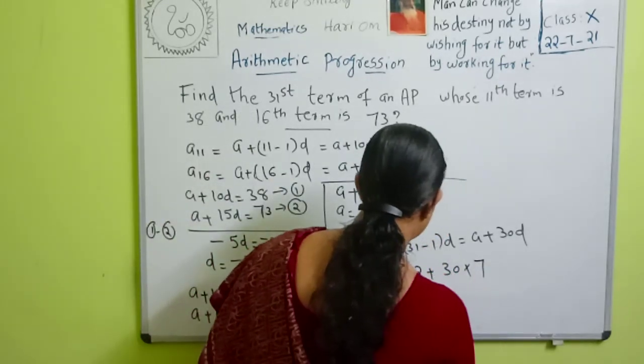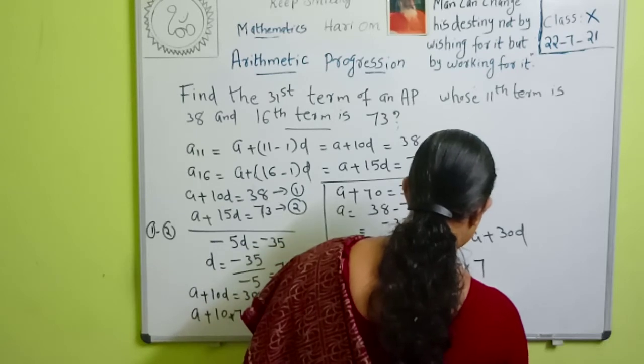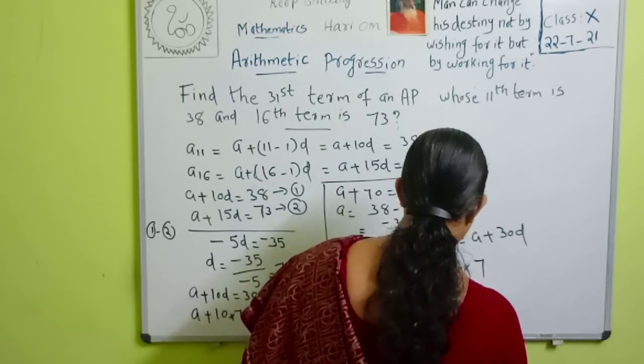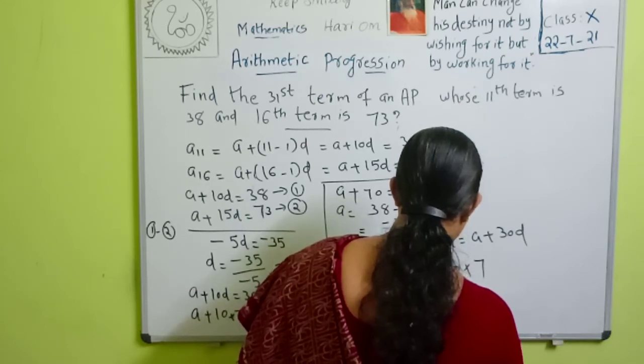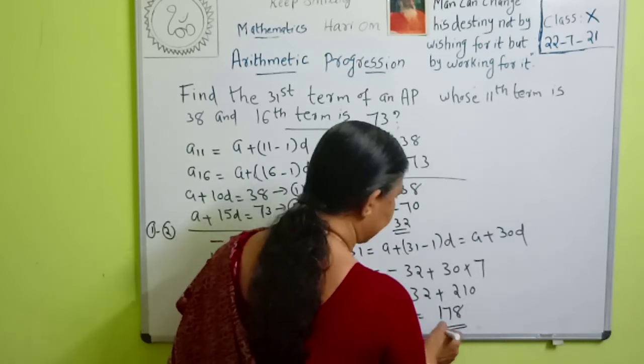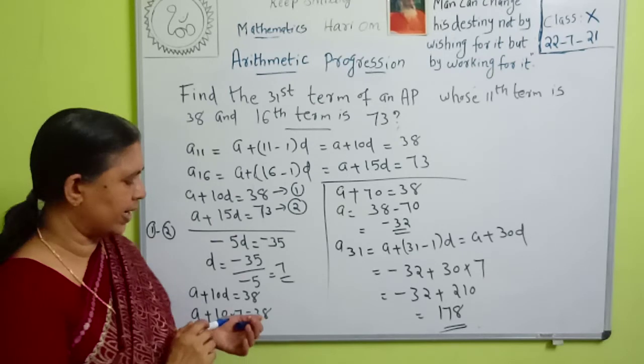Minus 32 plus 30 into 7, that is equal to minus 32 plus 210. That is equal to 178. So we got the 31st term of the AP is equal to 178.